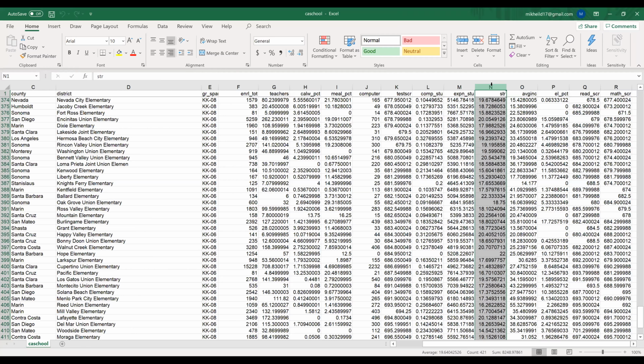I'm not sure how to do it in Mac, but if you have Windows, just press control, and that will allow you to select a few other columns. Then please select test score, column K, and also select average income, column O. Also select column L, computer expenditures. Also, let's say also meal.